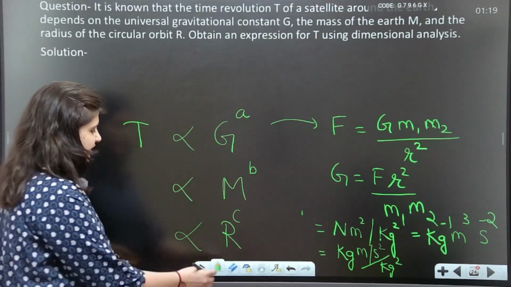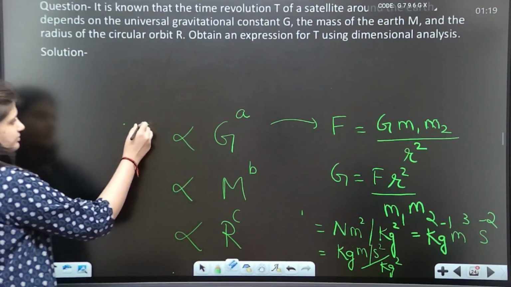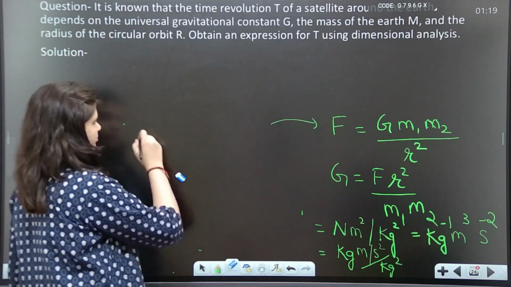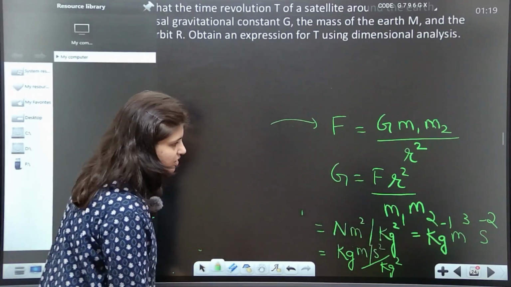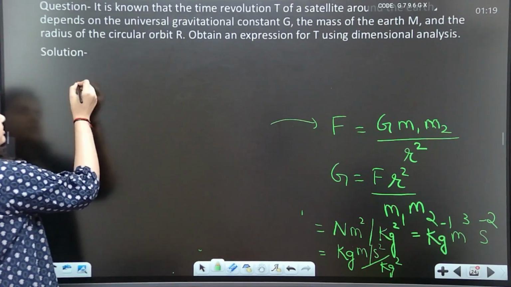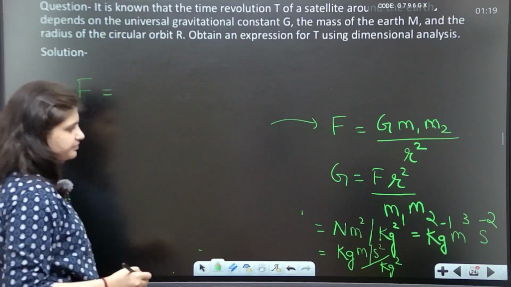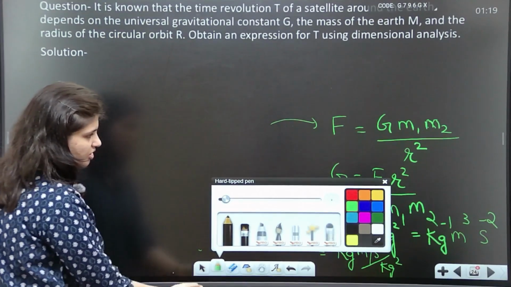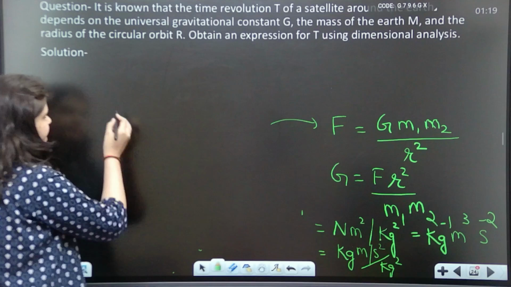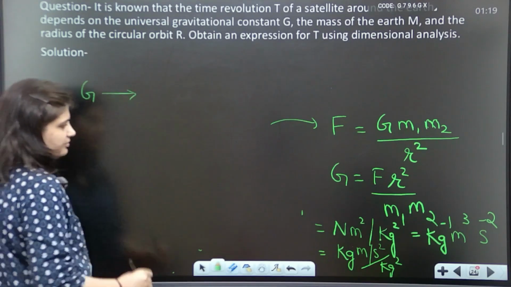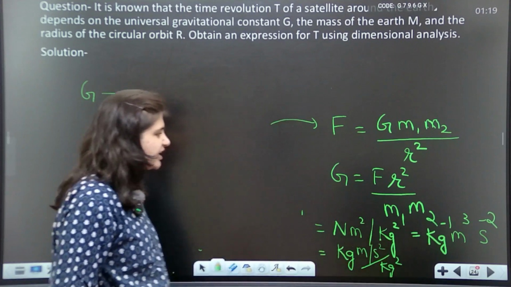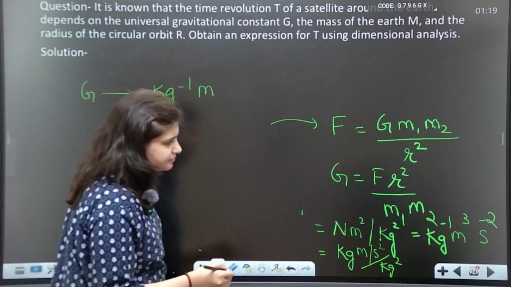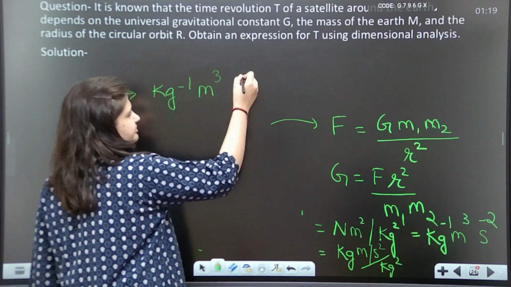So now we can write it down. G can be written as kg to the power minus 1, meter cube, second to the power minus 2.